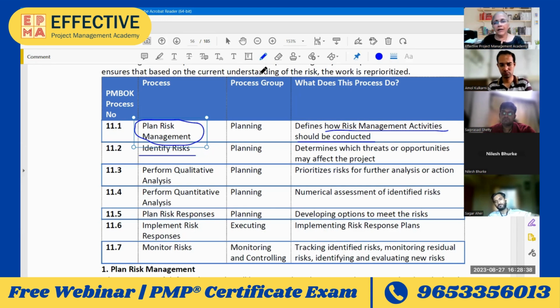What is the current status of the risk? Let's say your project is a 3-year project. You identified a few risks in the beginning itself. You are towards the end of the second year. There is a chance that many of the risks may not trigger now.